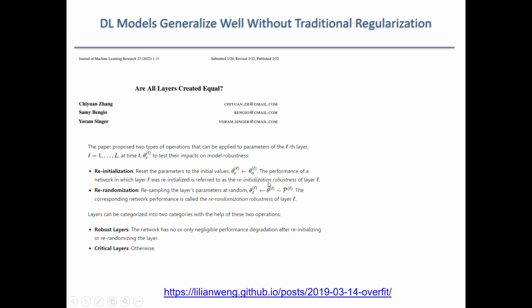The other one is resampling: they have converged to a particular distribution, so now I take random numbers from that distribution. If a layer is not too important, that layer is said to be robust. So the network has no or only negligible performance degradation after applying any of these two operations. Otherwise, if the network degrades a lot, then it is a critical layer.